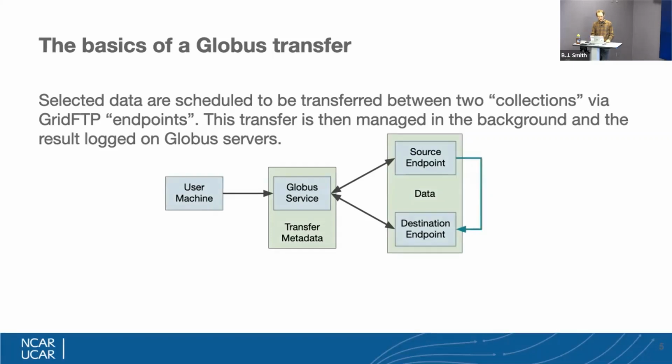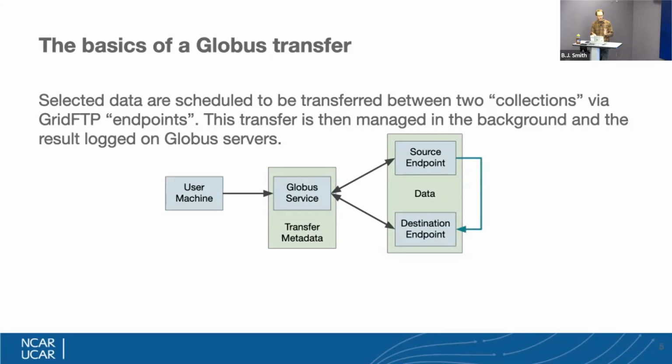Essentially, from your machine, which could be your workstation, or it could be Cheyenne, or anywhere that you have access to the Globus service, you send a request to that service, and then that service manages your transfer. The service will talk to the source endpoint and the destination endpoint, and the data is obviously only going between those endpoints. It doesn't have to travel through that service or have anything to do with your machine.